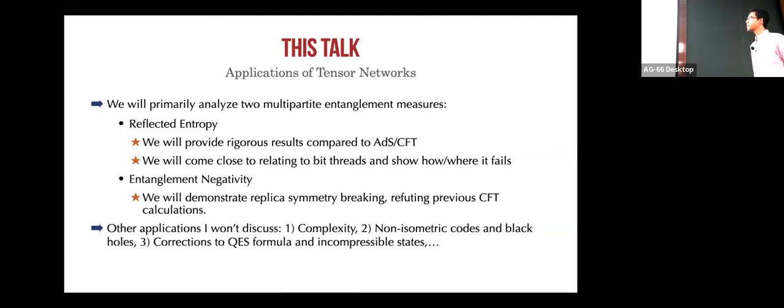And the second thing I'll be talking about is the entanglement negativity, which is another measure of quantum correlations between either tripartite pure states or bipartite mixed states. And in this context, we'll demonstrate that the naive replica trick that was done previously in ADS-CFT was in fact incorrect.